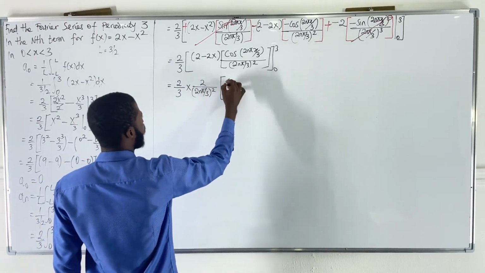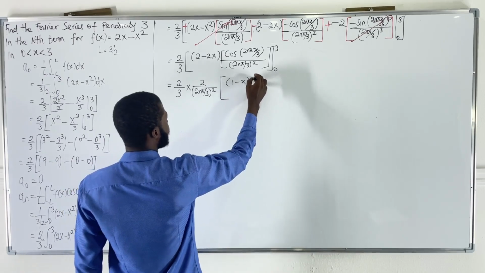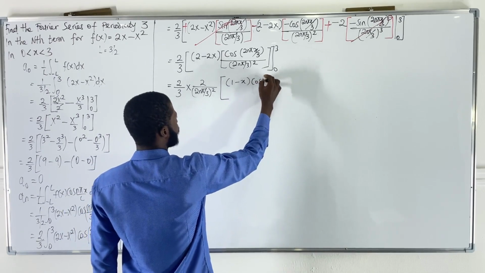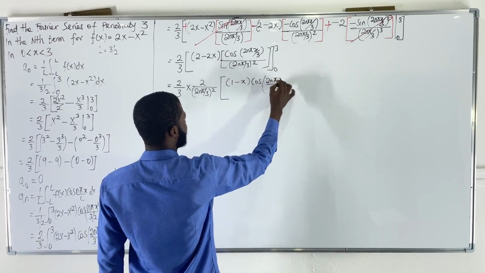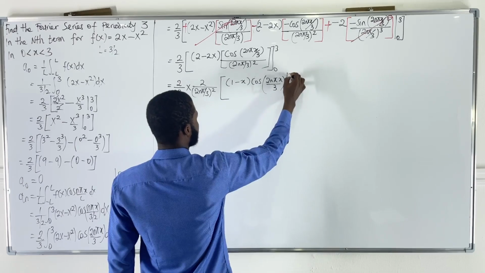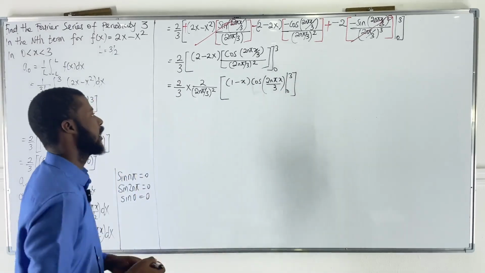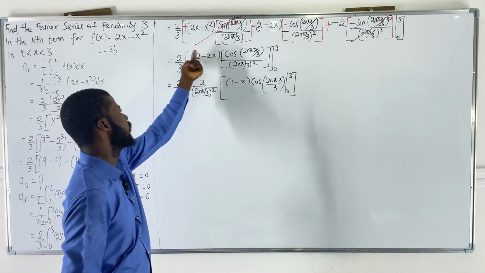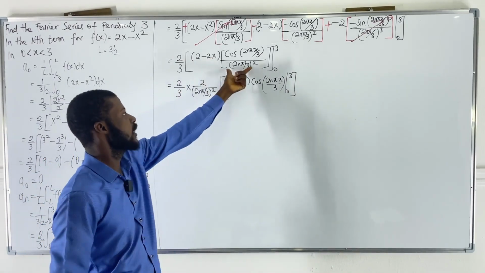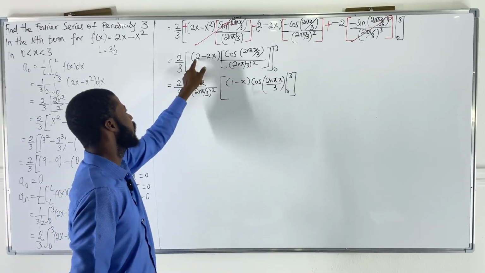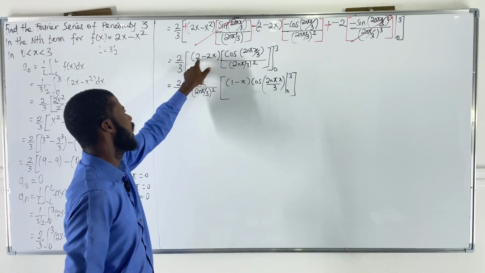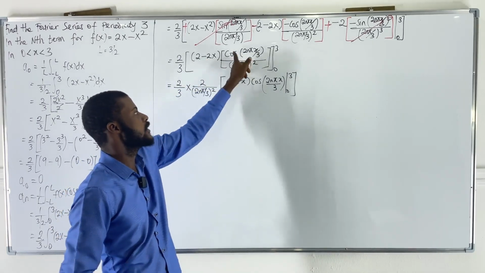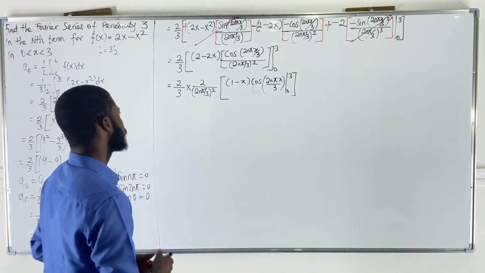Then what will be left here will become 1 minus x cos 2n pi x over 3 from 0 to 3. Take out some time and look at what I've just done so you understand it. There's 2 common here, so I brought out the 2. This one is a constant, so I brought it out. Now if you factorize 2 out here, what will be left is 1 minus x. That's what will be left, and then the numerator. That's what I have.